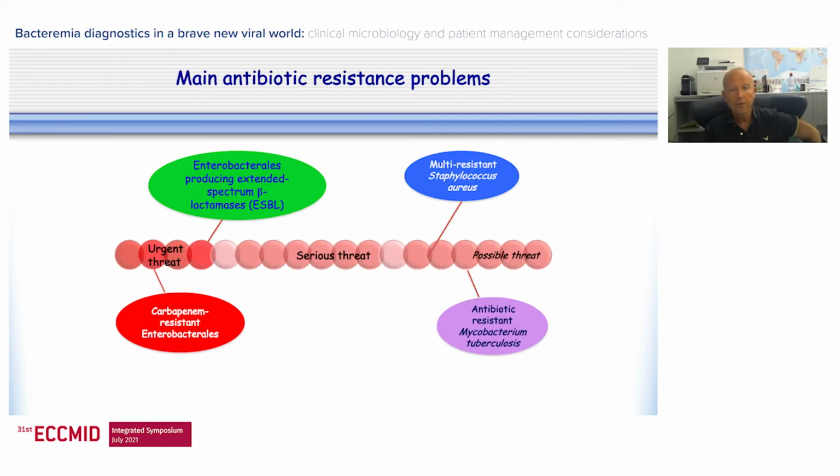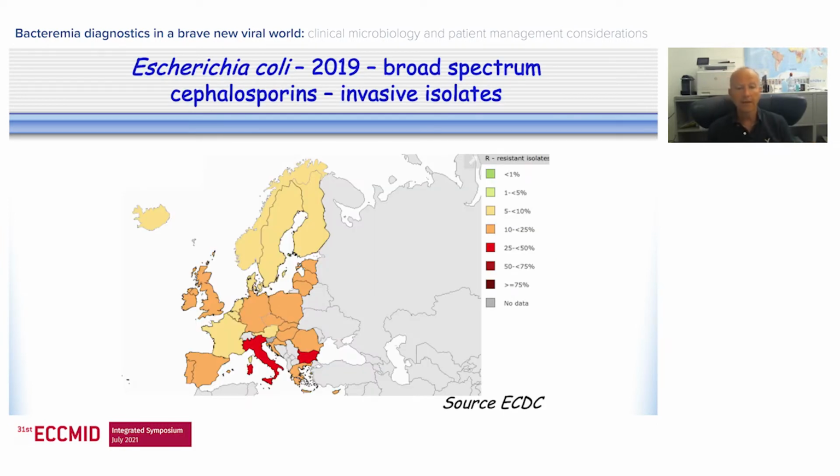If you consider a scale of different threats according to the WHO, you see here on the left that among the urgent or serious threats are the carbapenem-resistant Enterobacterales and the Enterobacterales producing extended-spectrum beta-lactamases. Let's have a look at the epidemiology of resistance in different parts of Europe for different pathogens.